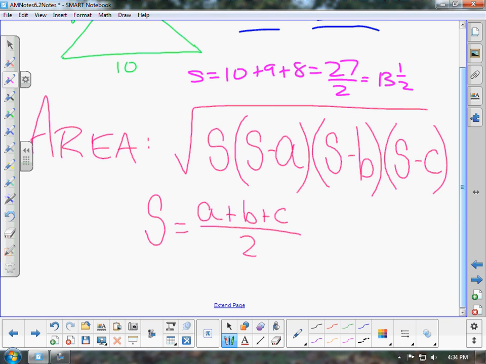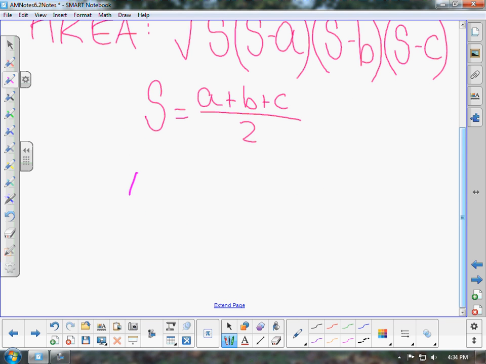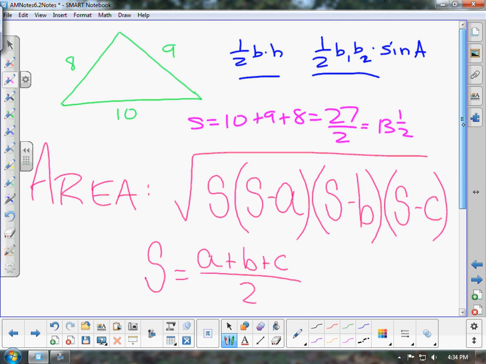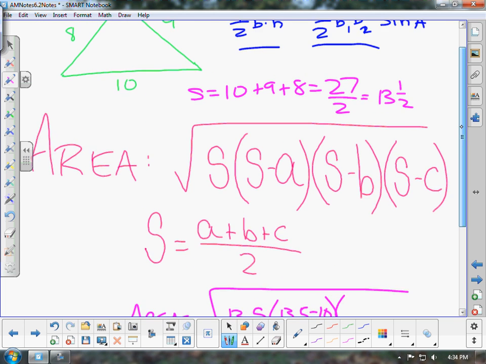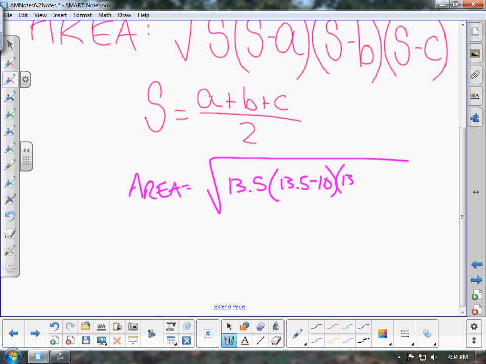So you would take and say that the area equals the square root of 13.5 times 13.5 minus 10 times 13.5 minus 9 times 13.5 minus 8.